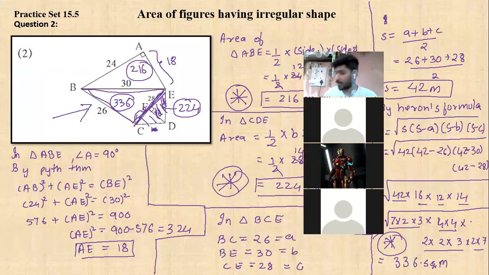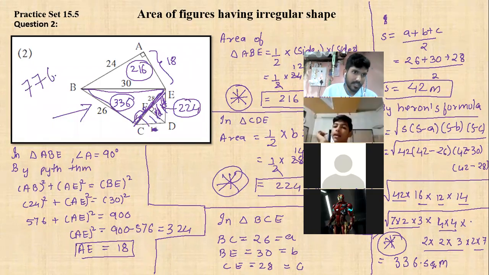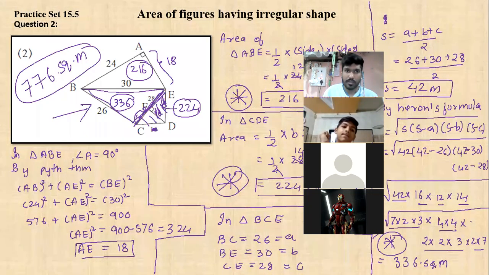Will you be able to do the addition yourself, or do you want me to do it? The answer is 776 square meters. That last line you have to write.